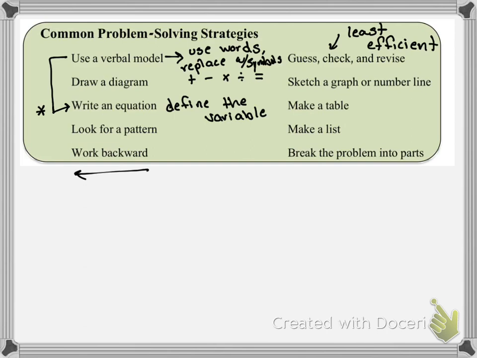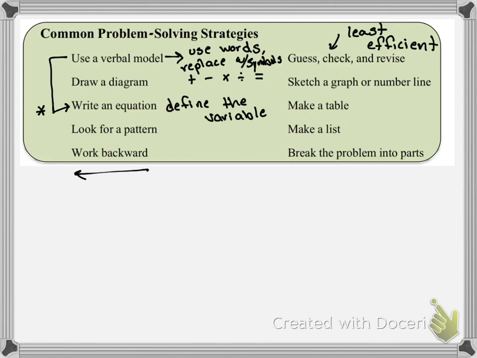It works, but it might not be the quickest way to get there. Efficient is getting there quickly with the least amount of work. So a lot of times guess and check is our default, but it's not always the most efficient.